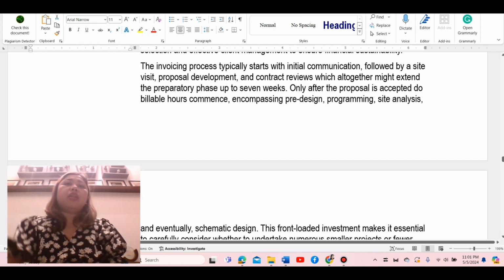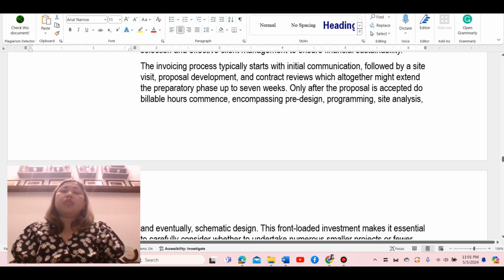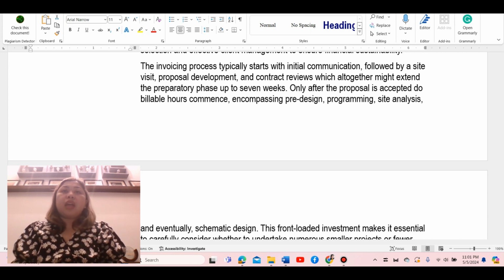The invoicing process typically starts with the initial communication, followed by site visit, proposal development, and contract reviews, which altogether might extend the preparatory phase up to 7 weeks.